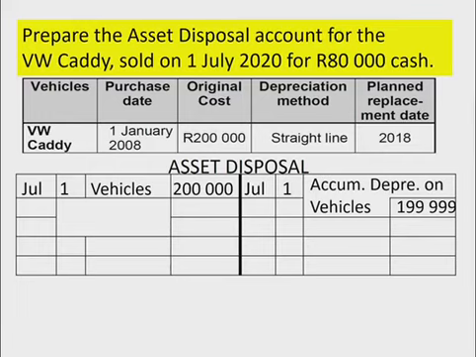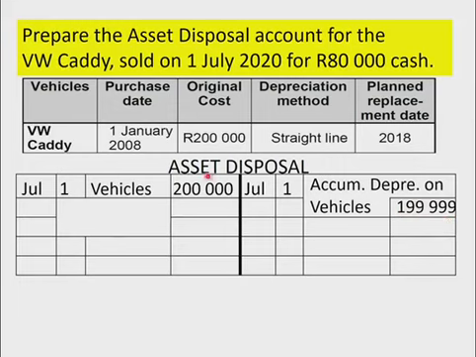Okay, so again, the cost price is 200,000. The accumulated is 199,999. Why? It is fully depreciated. It is past the life expectancy, but it was still in use, and we cannot write off depreciation anything more than 199,999.